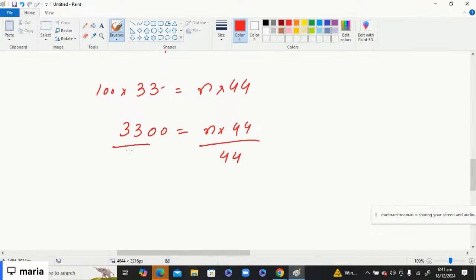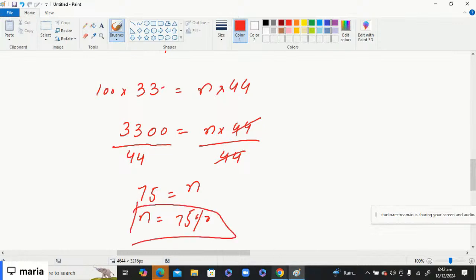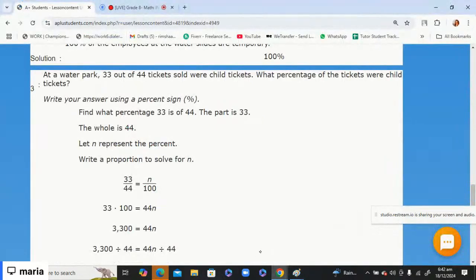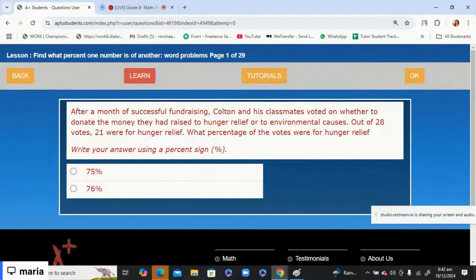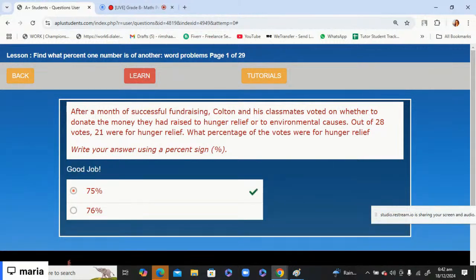Both sides should be divided by 44. So when you divide 3300 over 44, you get the answer 75, and here this is cancelled, so your n is 75% children. This is the way that you are going to check. Now let's do the test question. I think the answer is 75, yes, it's 75.